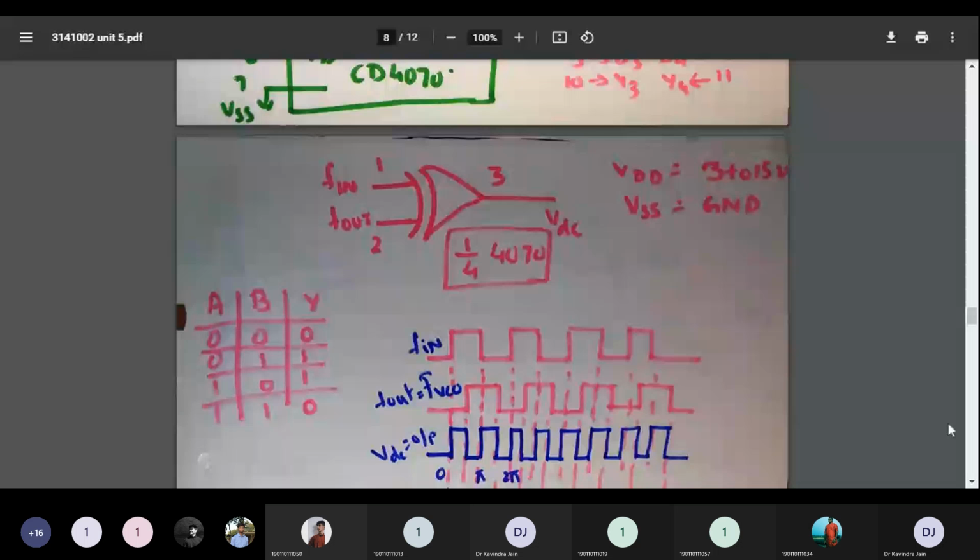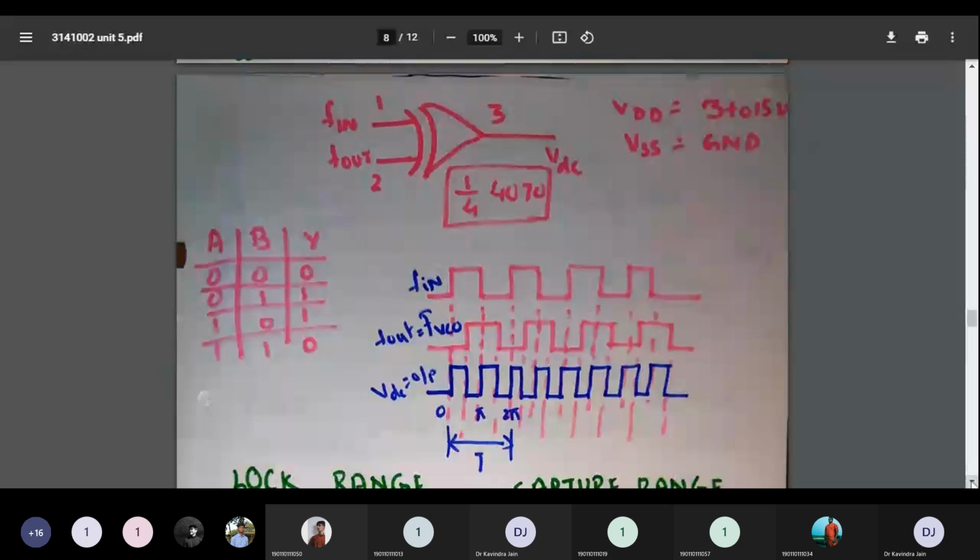I request everyone to kindly draw the symbol, truth table, and its graphical representation, that is graph. Once you have drawn it, please do let me know so that I can proceed further. I'm waiting for your response.